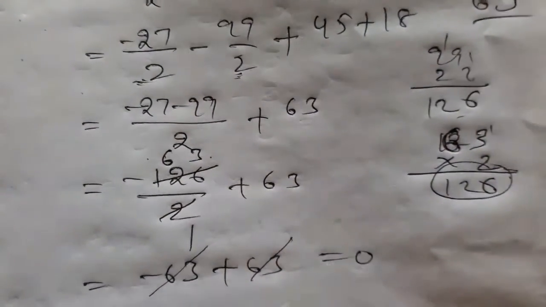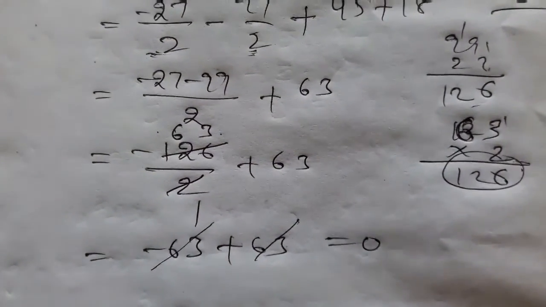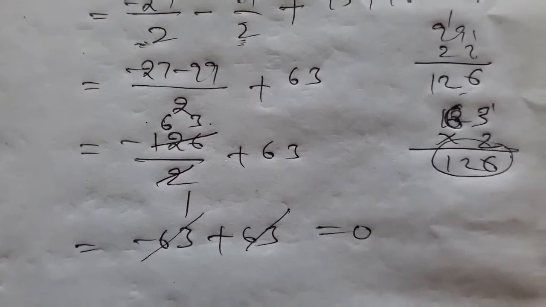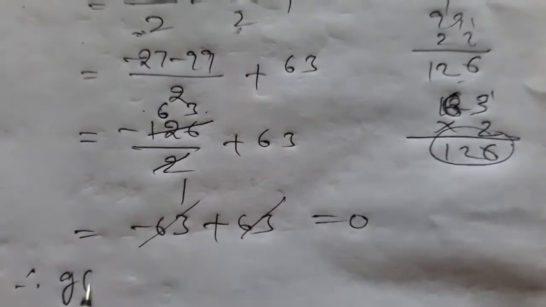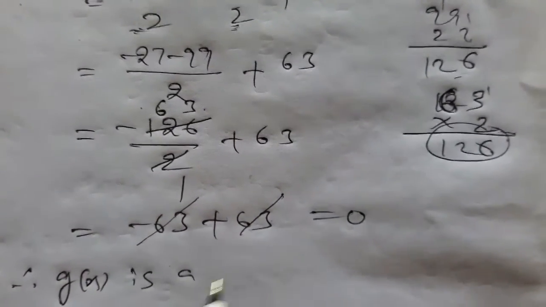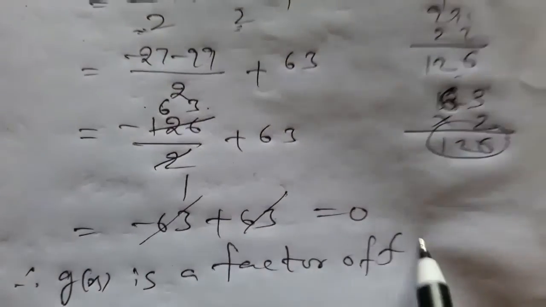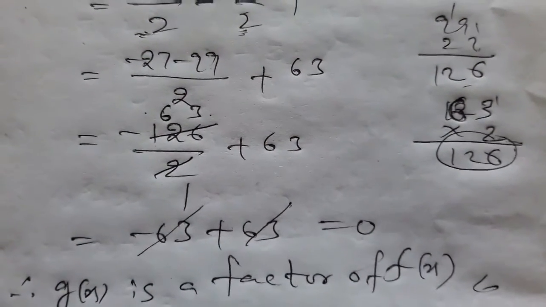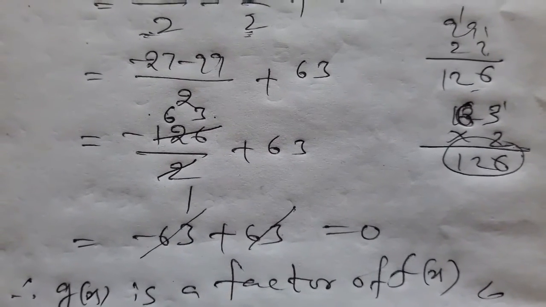These two cancel, this becomes 0. So whenever we substitute g of x in f of x by using the factor theorem, we get the result 0. Then therefore g of x is a factor of f of x, isn't it? Understood all of you? Yes. Thank you one and all.